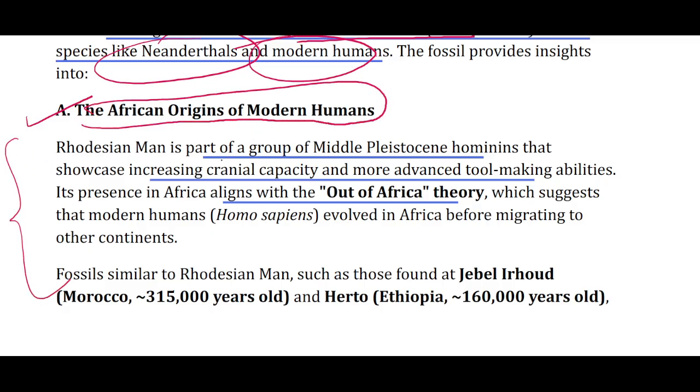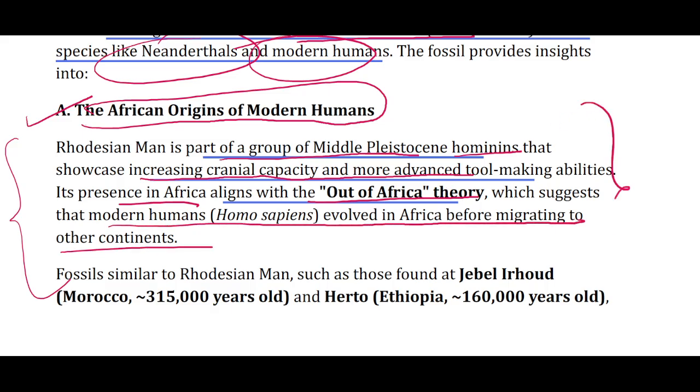So Rhodesian man is a part of a group of Middle Pleistocene hominins that showcase increasing cranial capacity and more advanced tool making abilities, and its presence in Africa aligned with the out of Africa theory, which suggests that modern humans evolved in Africa before migrating to other continents.